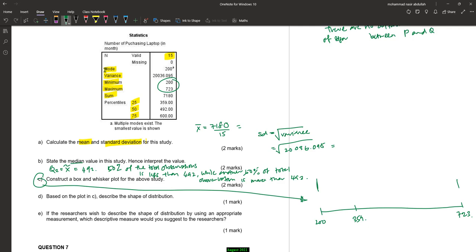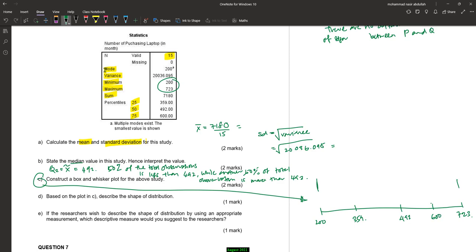So 492 minus 395, somewhere here, 359, and 600 minus 492. It goes like this: here a bit, 359, this is 492, this is 600.